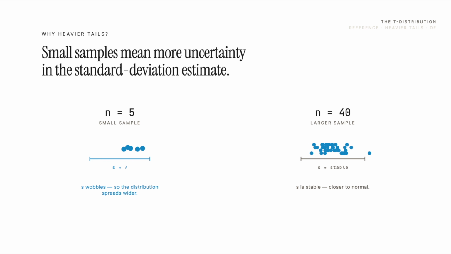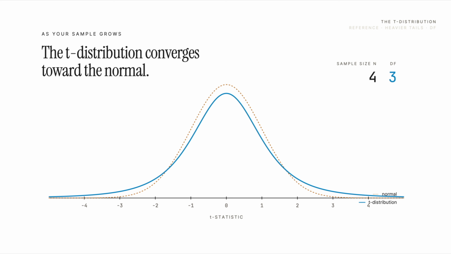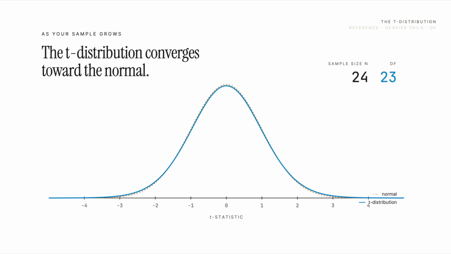You're estimating it from limited data. The t-distribution accounts for that extra uncertainty by spreading probability into the tails. As sample size increases, the t-distribution converges toward the normal distribution. With large samples, the extra uncertainty about the standard deviation becomes negligible.